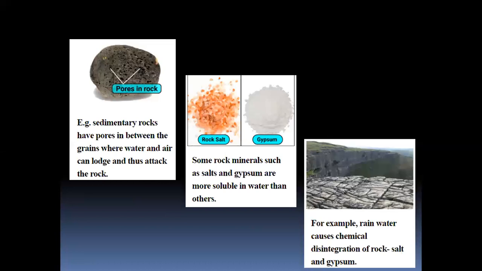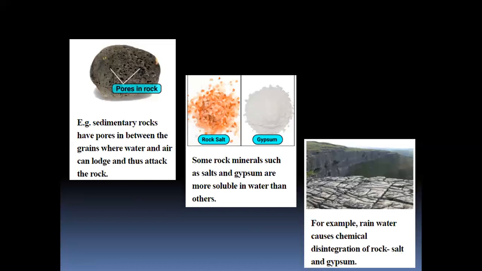The dissolution can also change the structure of the rock. Some of these sedimentary rocks have pores, like what you can see in this example. When you have pores, it increases the surface area for interaction, by which water and air can get into these pores. Another very important concept here is that some salts are more soluble than others.